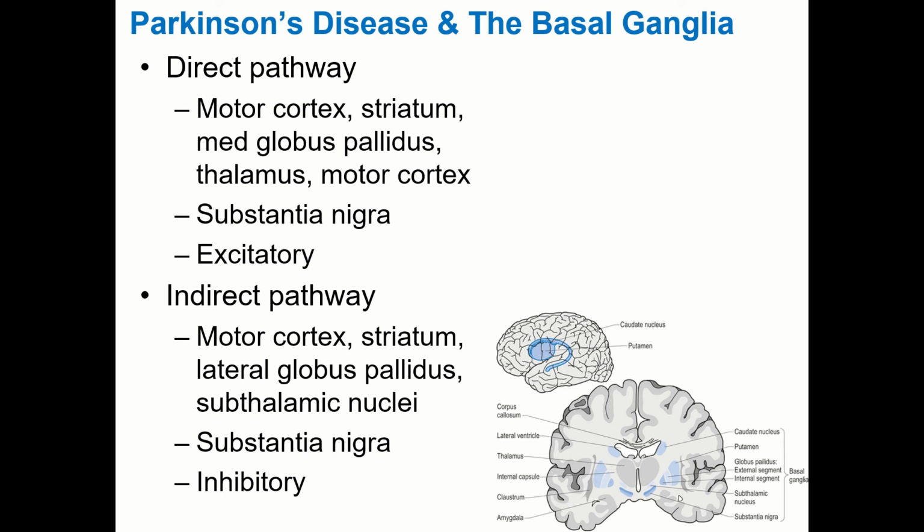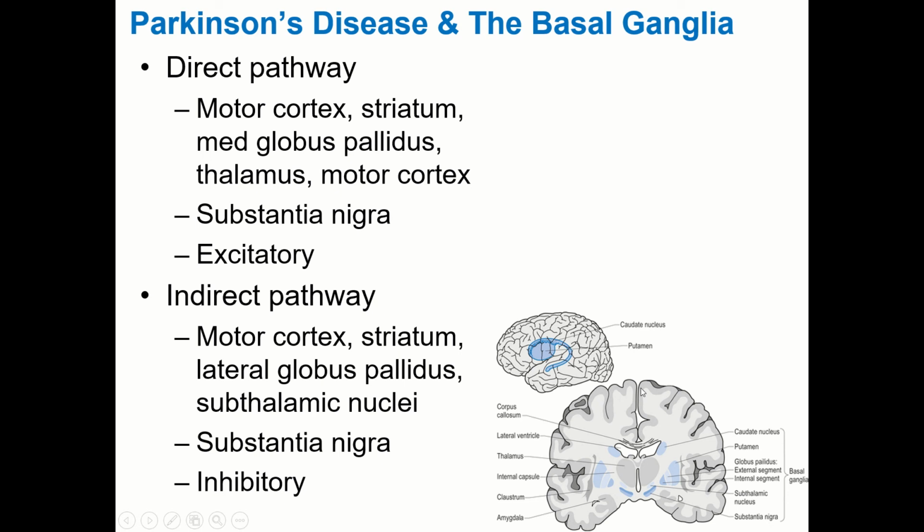So to make sure that we're doing the motions that we want to, when we want to, the basal ganglia helps us with that. The basic way that it works is we start in the primary motor cortex. We've got the pyramidal cell that says, effectively, I want to move my leg. That signal, let's say to contract one of the hamstring muscles, goes down to the striatum, so to the caudate nucleus. Then that synapses with the medial globus pallidus, and then that synapses with the thalamus.